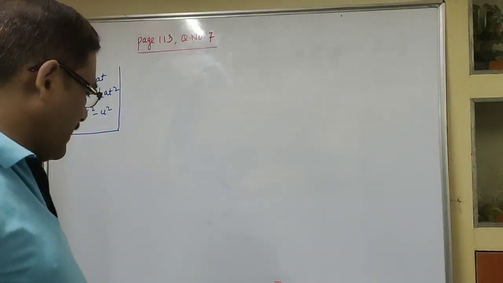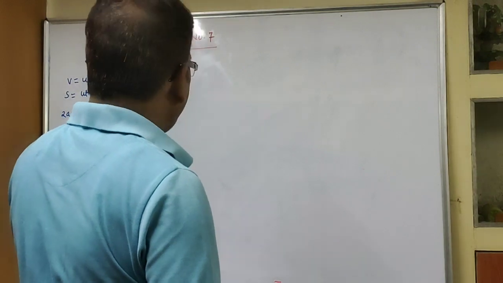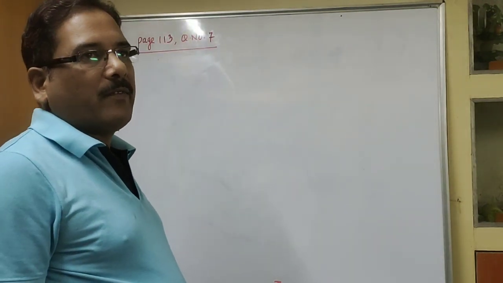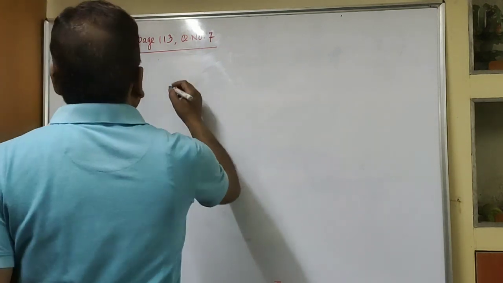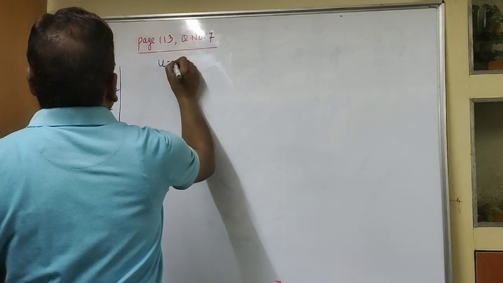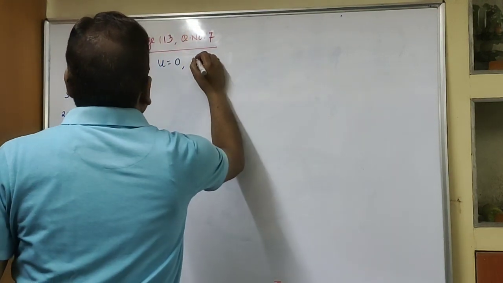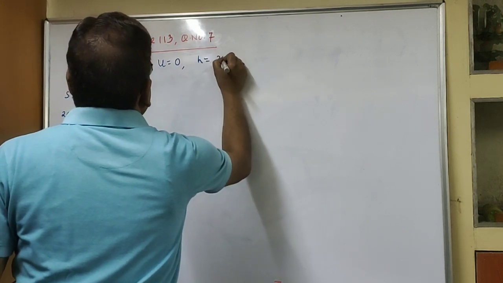Question number 7 is, a ball is gently dropped from a height of 20 meters. Now, as we have written, whenever an object is dropped from a certain height, the initial velocity is 0, so u is 0 again, and height h is given. h is 20 meter.